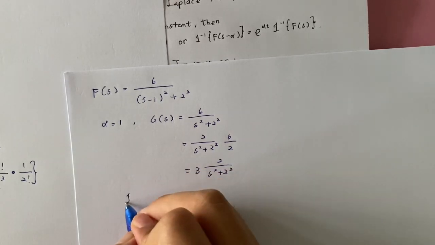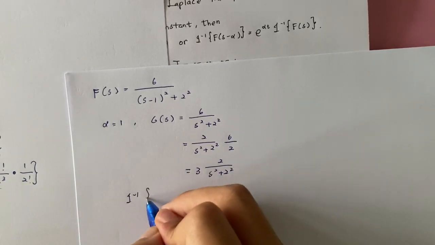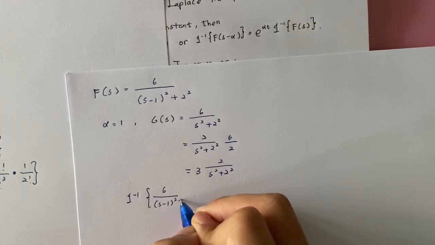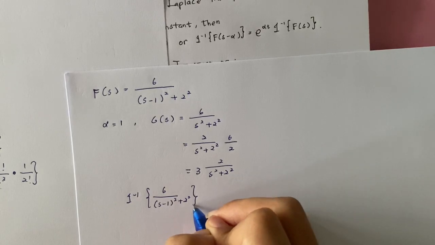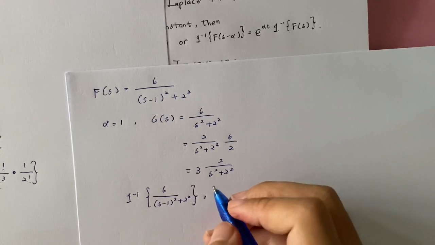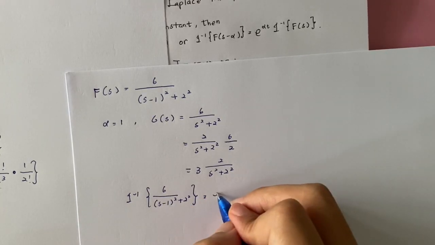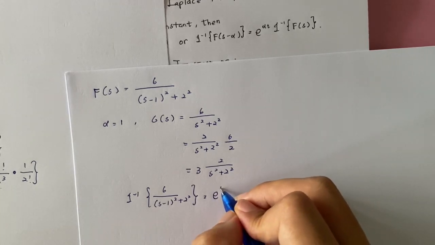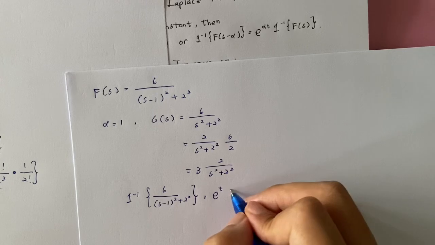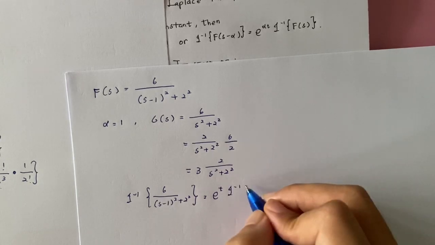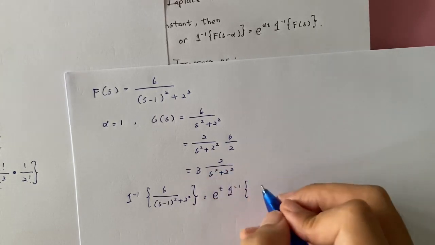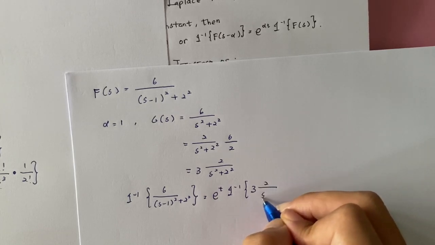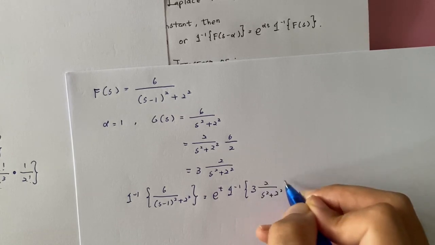So the inverse Laplace for 6 over s minus 1 square plus 2 square is equal to, since alpha is 1, so you have e exponent t, and then inverse Laplace of your G(s), which is 2 over s square plus 2 square.